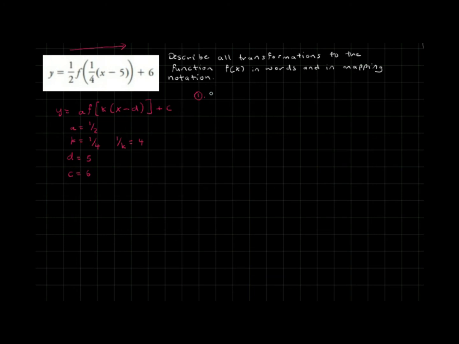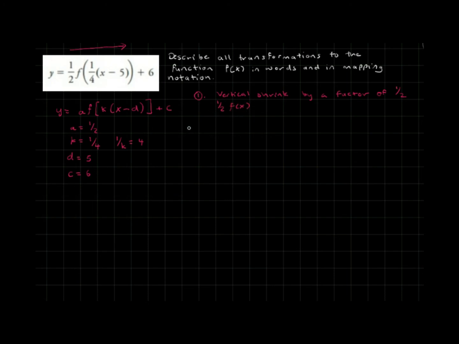The first transformation is a vertical compression, or shrink, by a factor of 1/2. In function notation, that means we have 1/2 f of x.